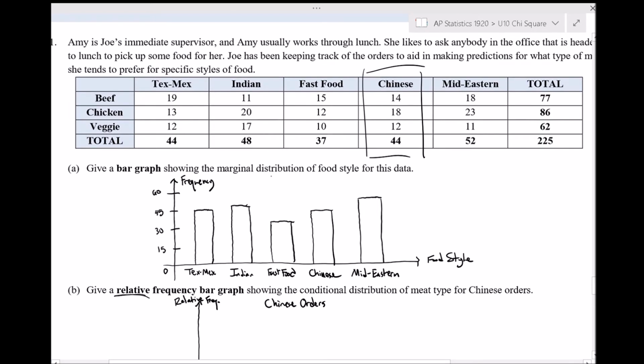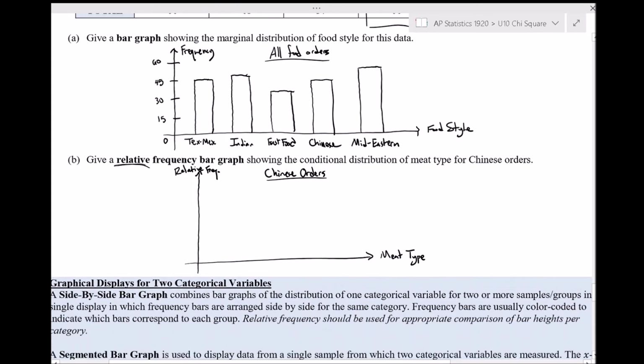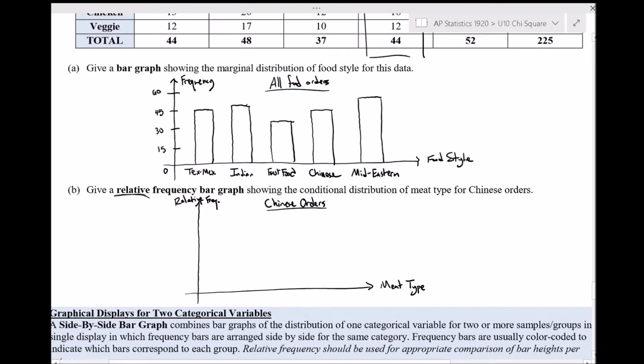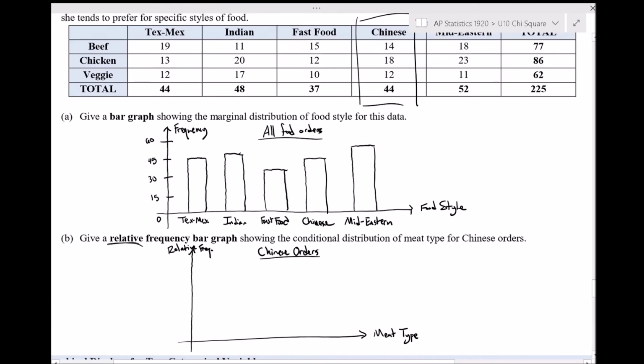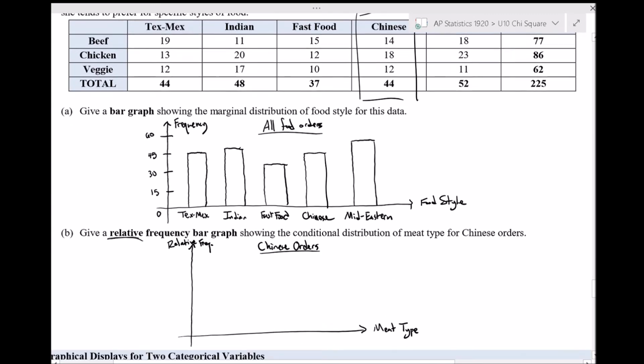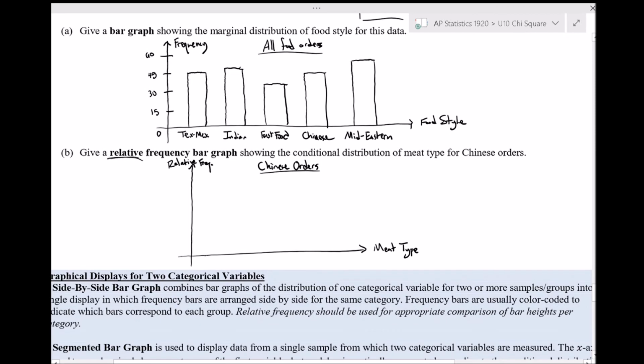So maybe I can go ahead and title this all orders, all food orders, or all lunch orders. Something like that. Okay, so then we do the same thing that we did earlier, except for our categories, we only have 3 of them. Beef, chicken, and veggie.